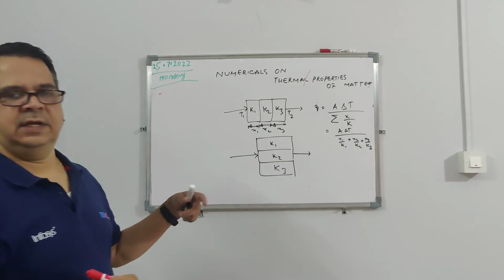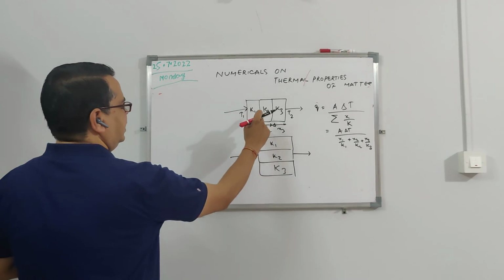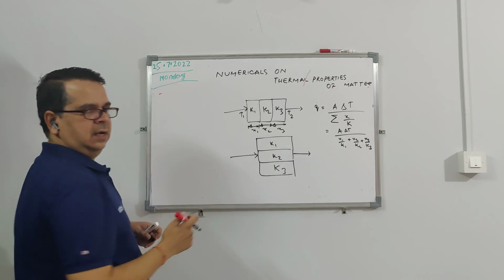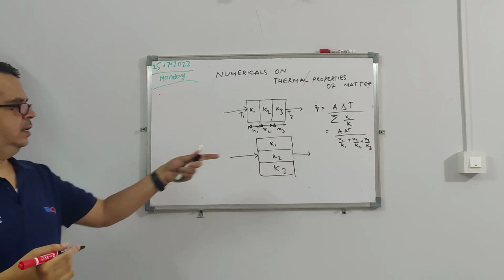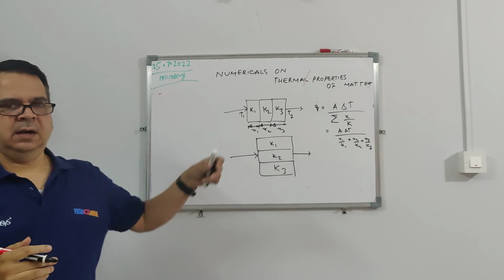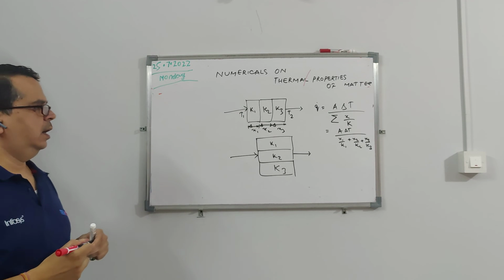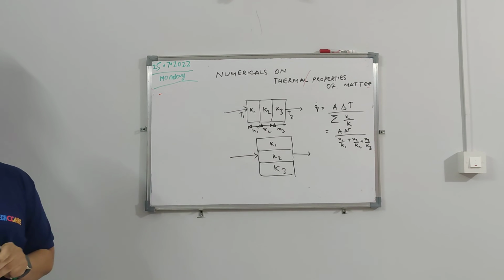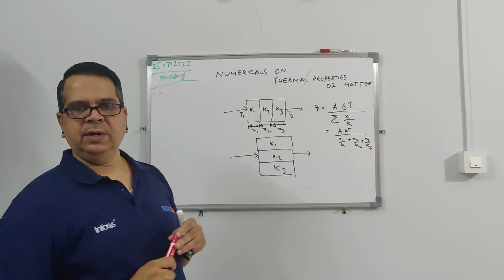If they are different materials, one is steel, one is aluminium, one is nickel alloy or whatever, with different thickness, that is the governing equation.